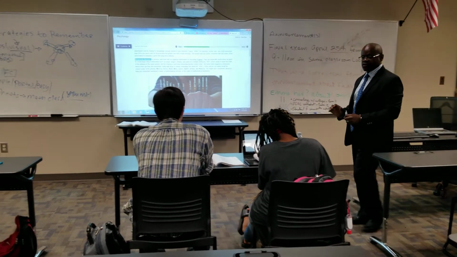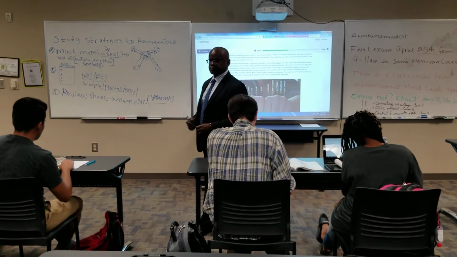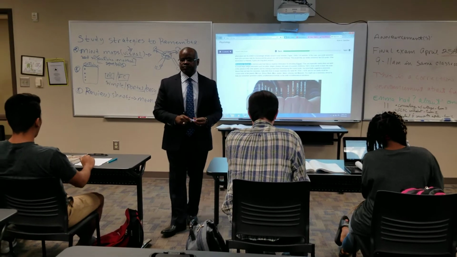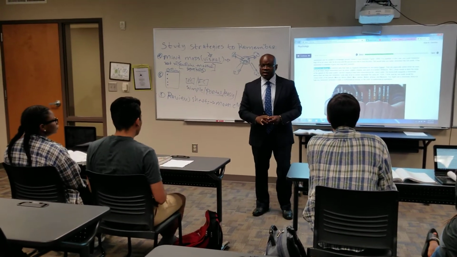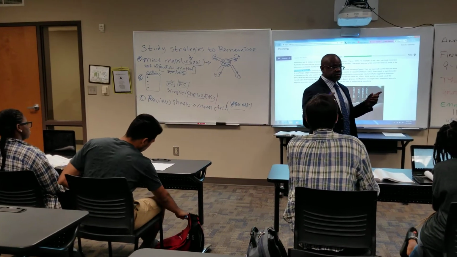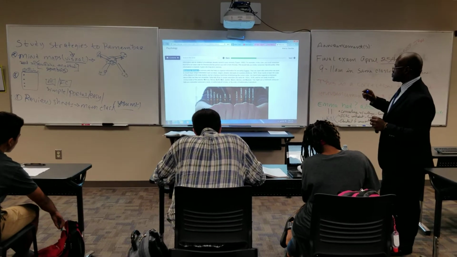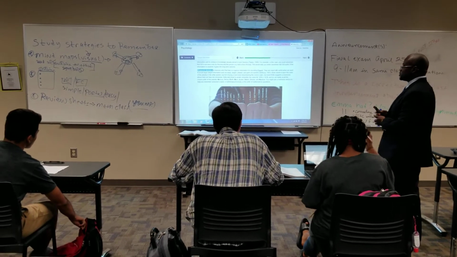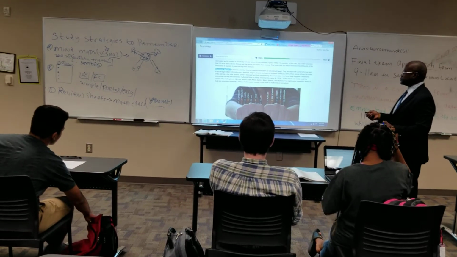PJ, can you give me an example of a mnemonic device? Acronyms. All right, so a mnemonic device, let's look at this a couple of ways. It helps you organize your information for encoding.